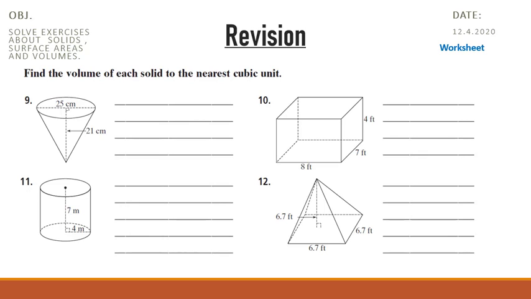Yes. Great. So now I have the first question with Ahmed Al-Gannas. Number 9. The rule: a third base area multiplied height. The base area here is a circle, so it's pi r square.